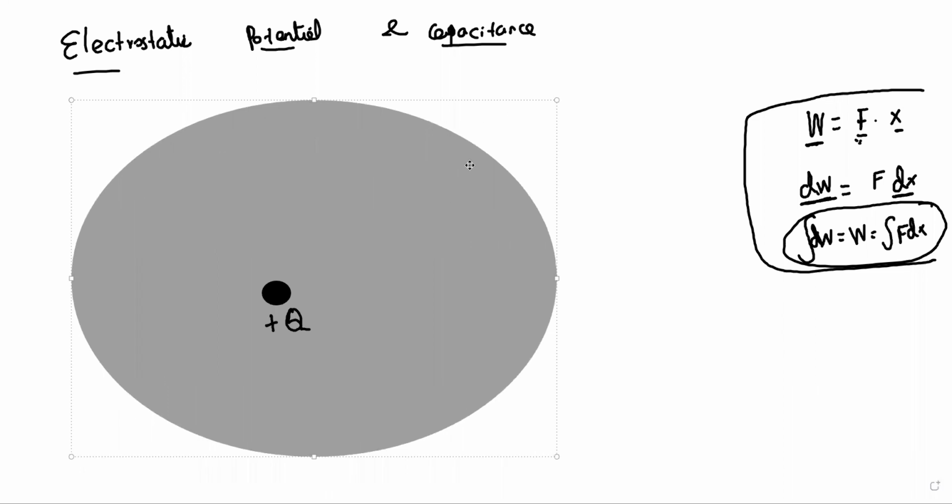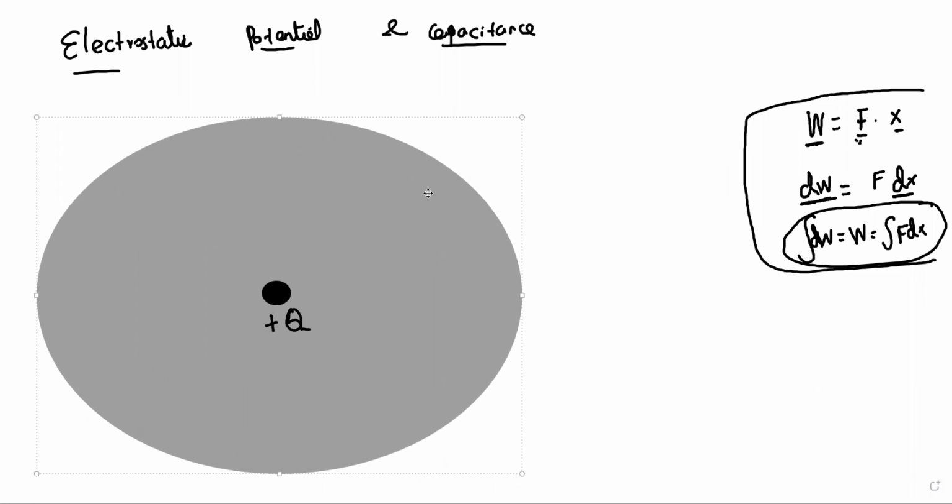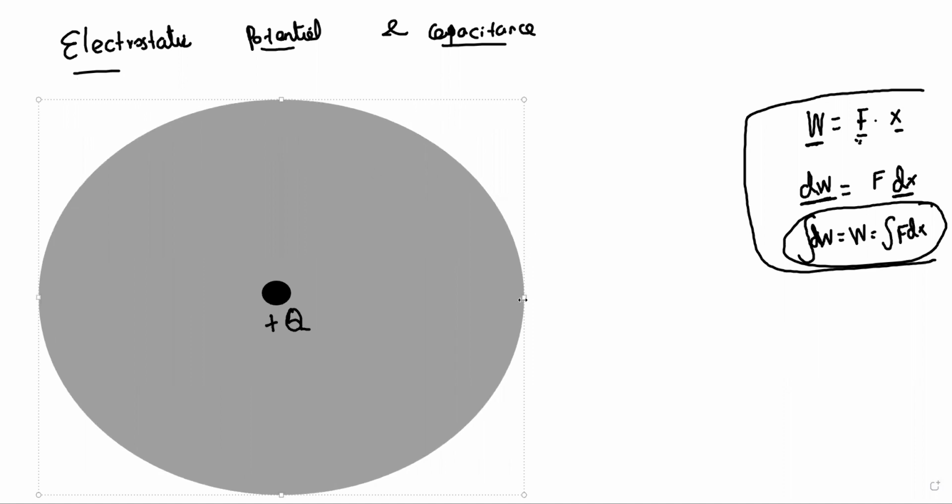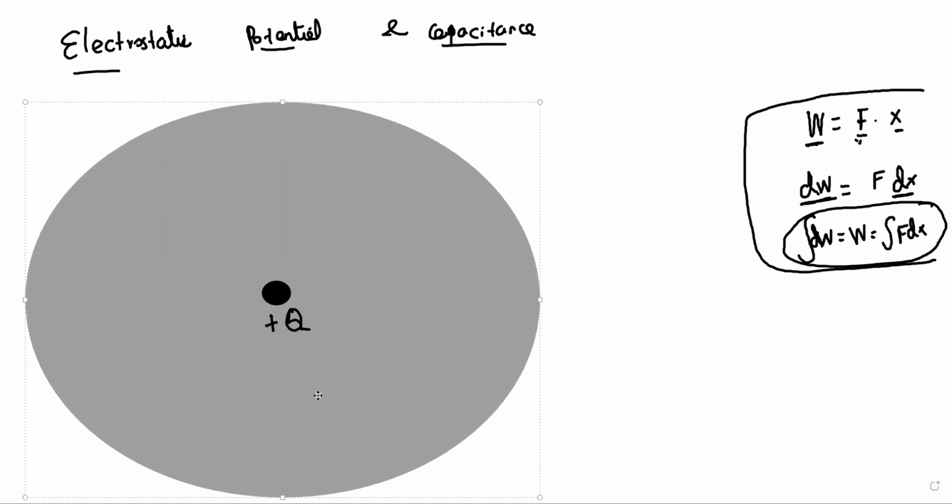This electric field is quite a big area actually, so it is not what we usually think. But the significance of the electric field, where the force due to the electric field is significant, is near plus Q. The area near plus Q only, the electric field is significant.